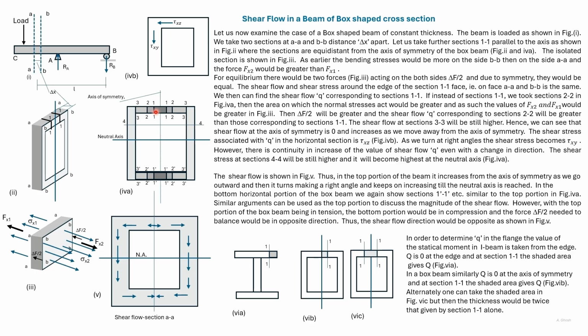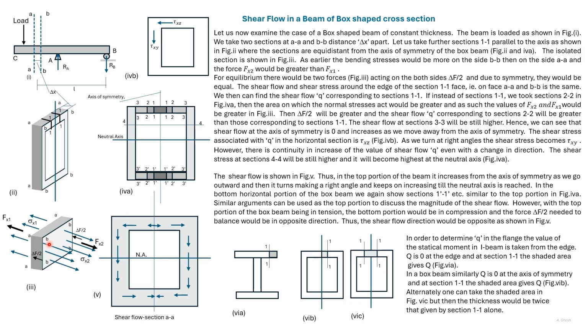Let us now consider the sections 2-2 on both sides. Then this area will be larger and the forces Fx2 and Fx1 will be larger, which means the shear stresses and the corresponding shear flow will be larger as well. Let us now consider the sections 3-3 on either side.